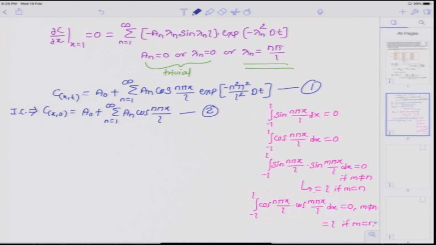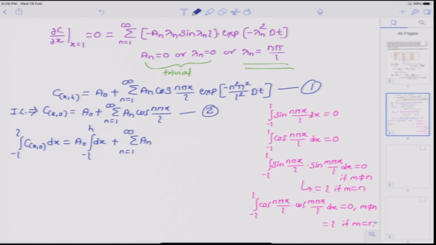Now, to make use of these properties of the integrals, let us first take the integral on both sides between minus L and L of equation 2. So, we get integral minus L to L C of x 0 dx should be equal to a 0 integral minus L to L dx plus sigma n equal to 1 to infinity, a n's are constant.